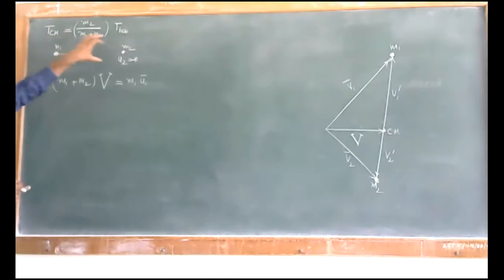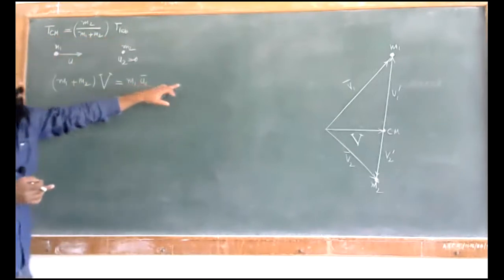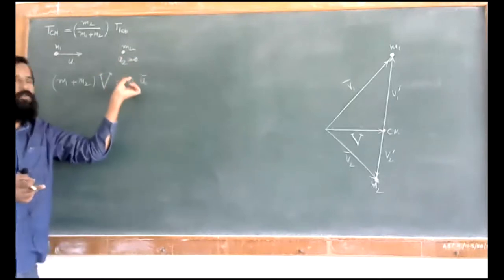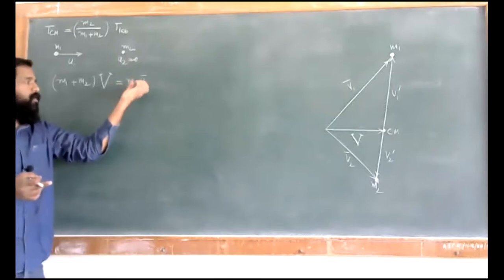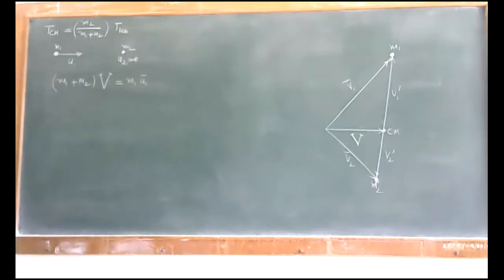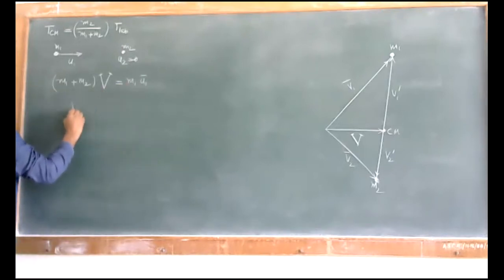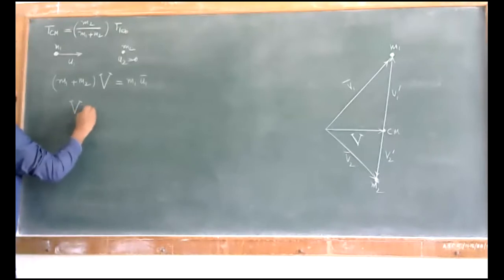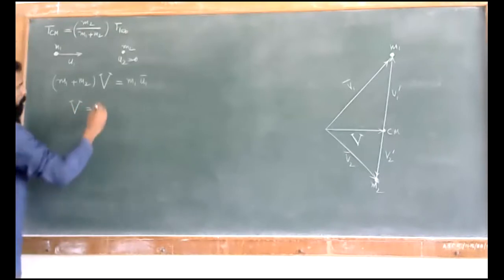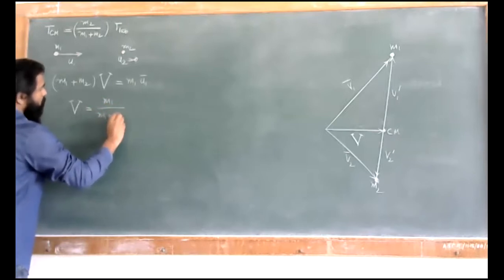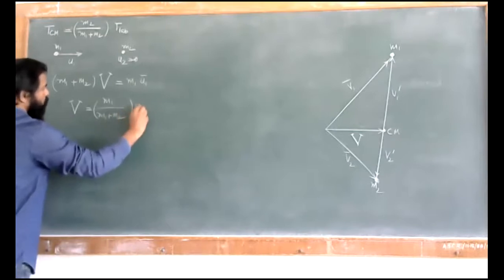So its initial momentum is given as m1 u1 plus m2 u2, as u2 is equal to 0. So only one term is left, that is m1 u1, the initial momentum related to your particle. So m1 plus m2 into V is equal to m1 u1, and so we have this vector V, the velocity of the center of mass, which is given as m1 upon m1 plus m2 into u1.